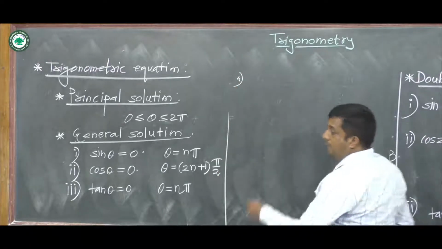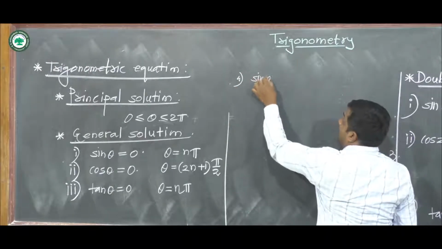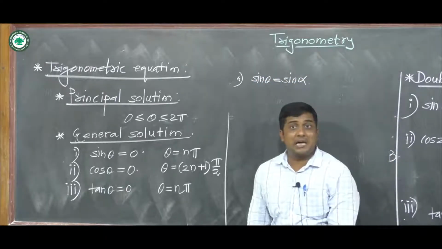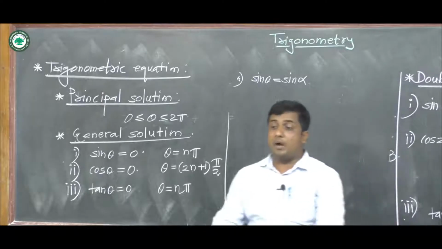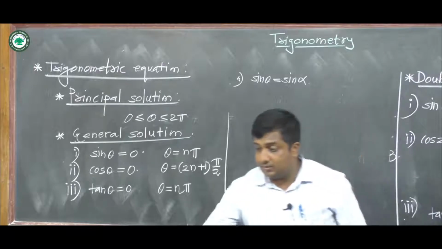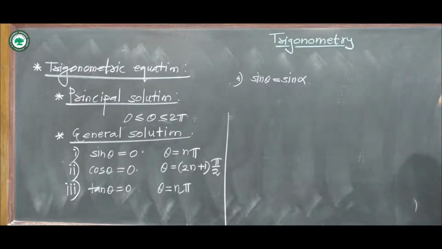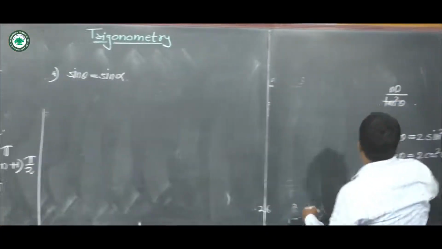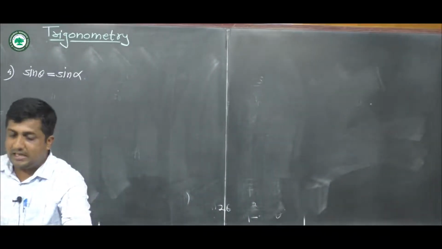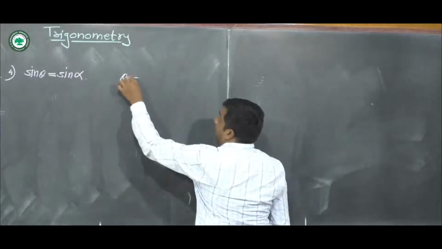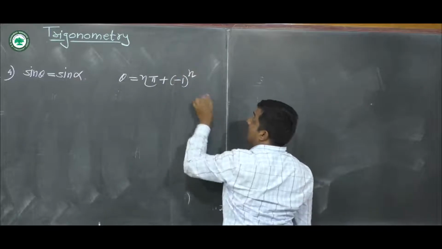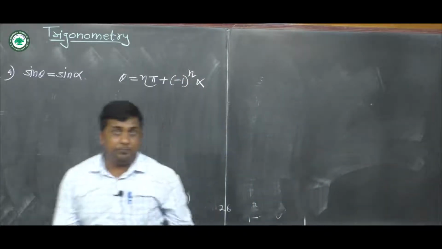If we have a form like sine theta is equal to sine alpha, then for the general solution our theta is like n pi plus (minus 1) raised to n into alpha.